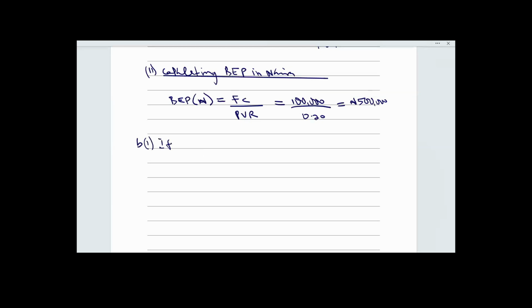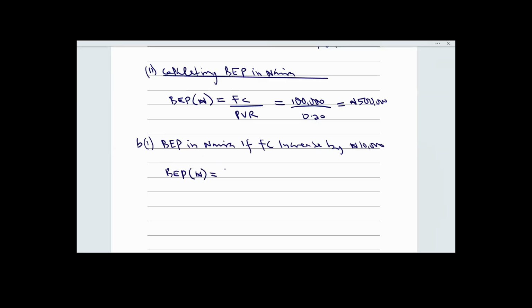If break-even points, this will be break-even points in naira, if fixed cost increase by 10,000 naira. So I would then say break-even points in naira equal to fixed cost.